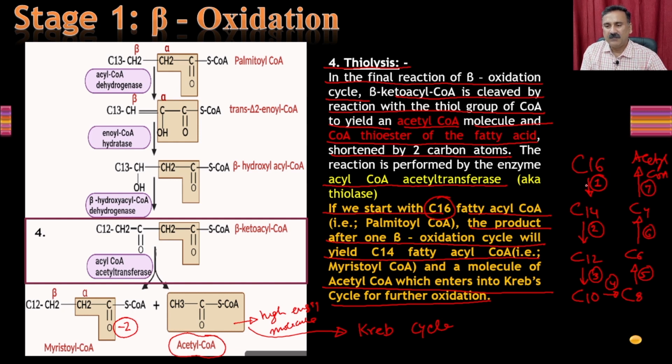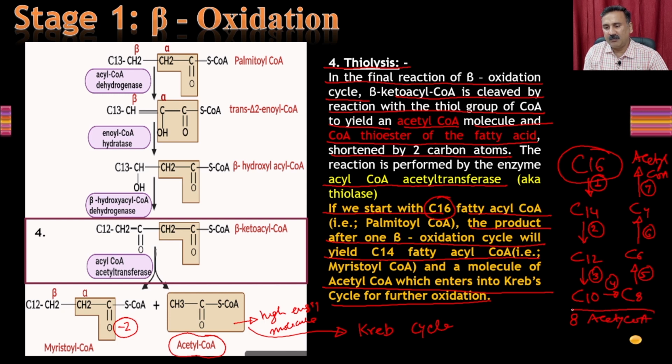Okay. So after the 7 rounds of beta oxidation, it is going to fully oxidize this fatty acid chain, which contains only the C16 molecules. And in this process, it is going to generate 8 molecules of acetyl CoA.